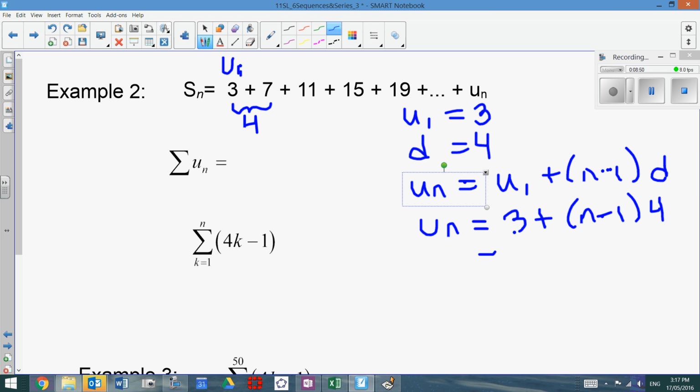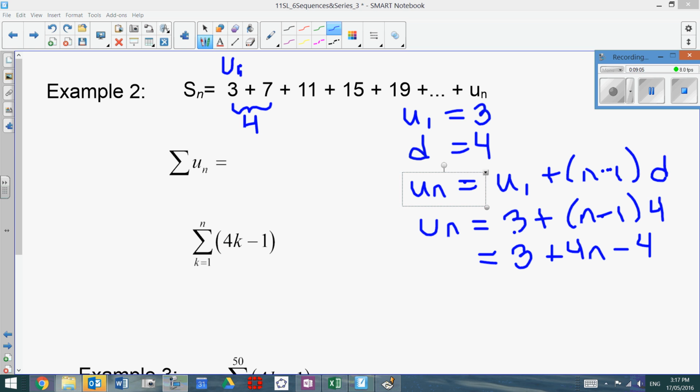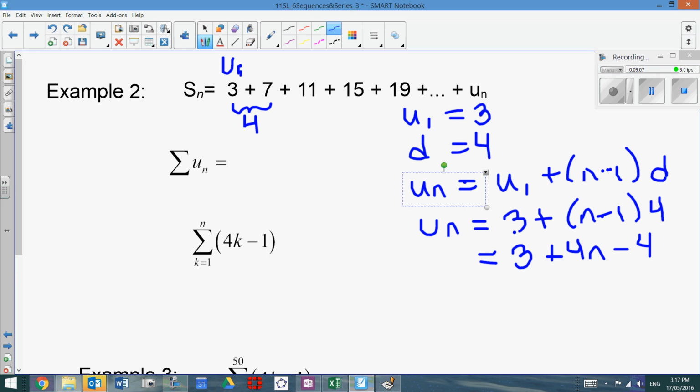So our general expression winds up being 3, we'll have 4n minus 4 in order to get to that next term. And then once you simplify, so 3 minus 4 gives you negative 1, so we'll have 4n minus 1 as our general description of how we get from one term to the next.